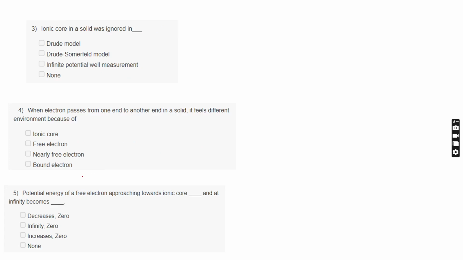So now the third one. The potential energy of the electron approaching towards ionic cores will be what, and at infinity becomes what? So here it will be, how will it look? It is equal to minus e squared by 4 pi epsilon naught r, right?